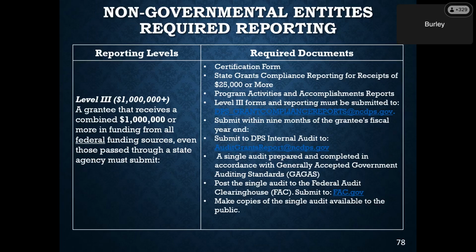Also, please pay attention that you must also submit to DPS internal audit at the second web address in bold, within 9 months of the grantee's fiscal year end, a single audit prepared and completed in accordance with the Generally Accepted Government Auditing Standards. Post the single audit to the Federal Audit Clearinghouse and submit to fac.gov. Please make sure you provide copies of the single audit and make them available to the public.